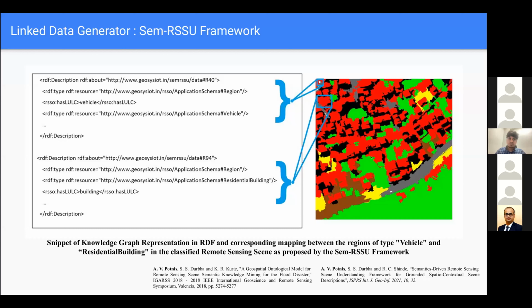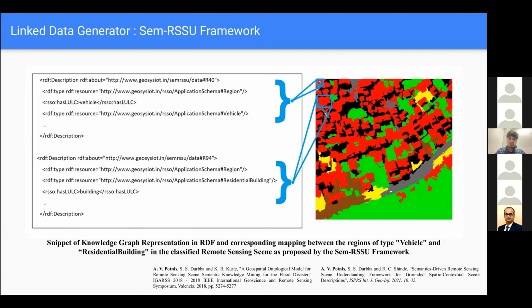So taking a look again at this slide, the idea here is to translate this particular raster, right, the classification map, into a knowledge graph. So on the left hand side, the code snippet that you see is essentially that of a knowledge graph.